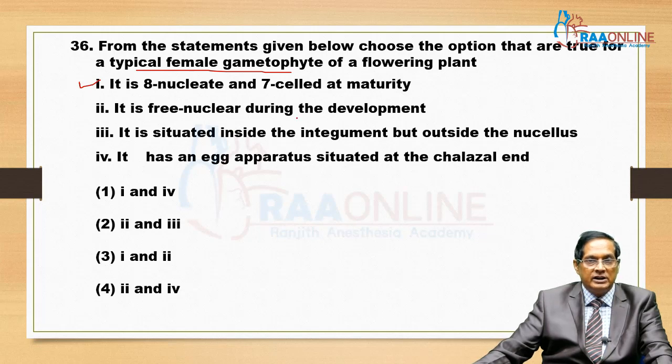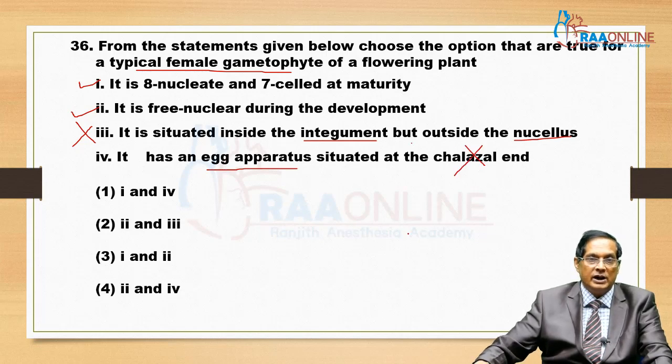Free nuclear division during development, right. It is situated inside the integument but outside the nucellus, wrong. It is present inside the nucellus. It has the egg apparatus situated towards the chalazal end. This is wrong. It is towards the micropylar end.